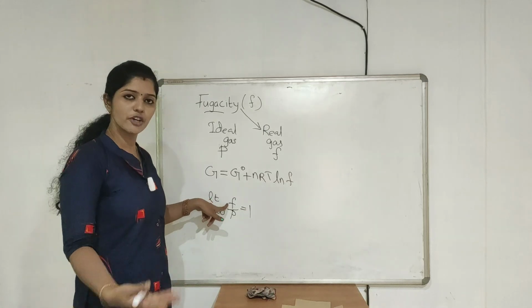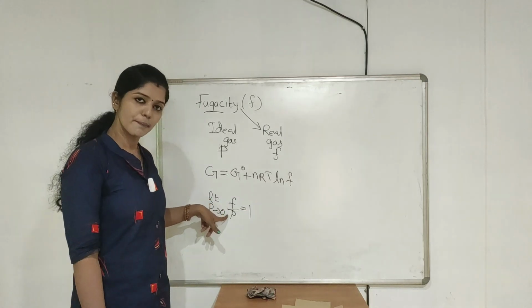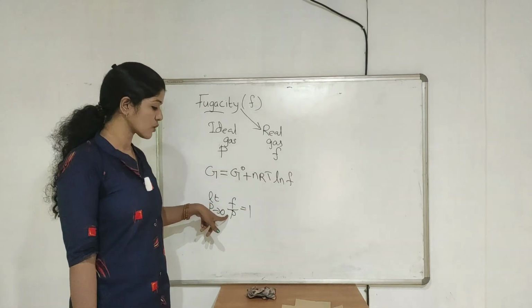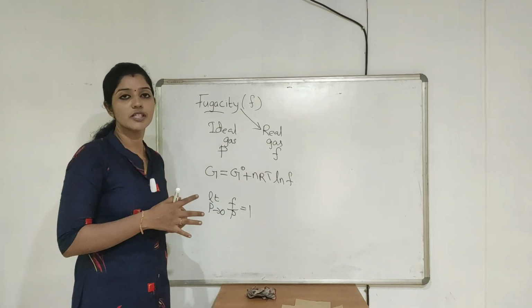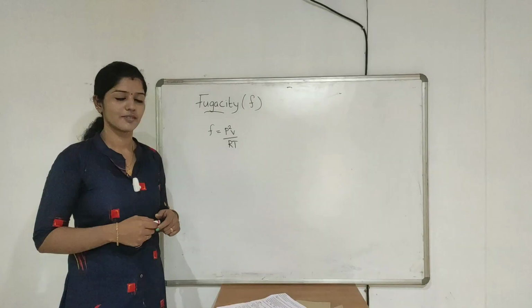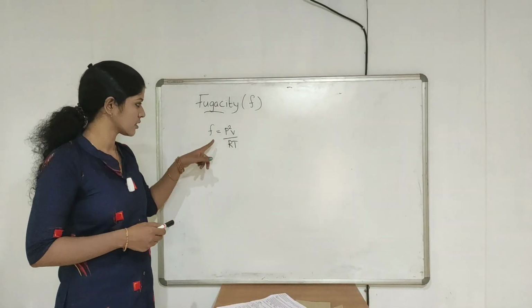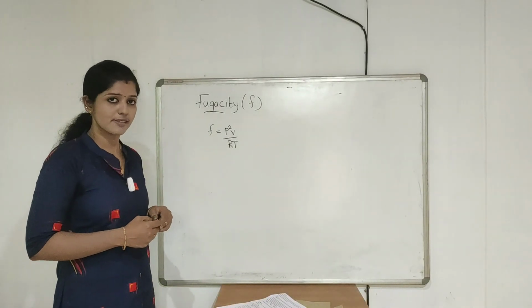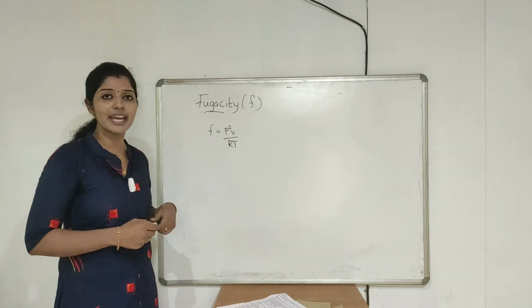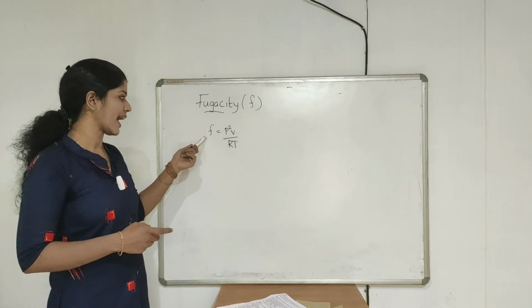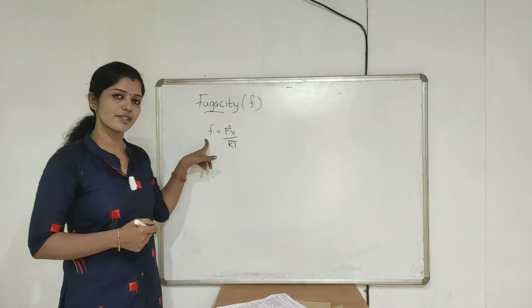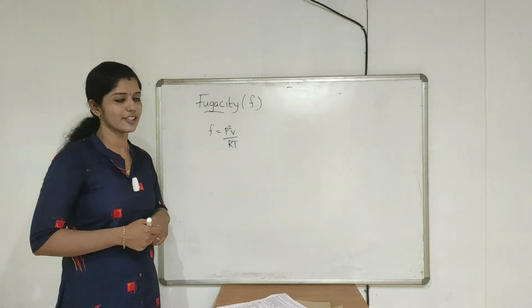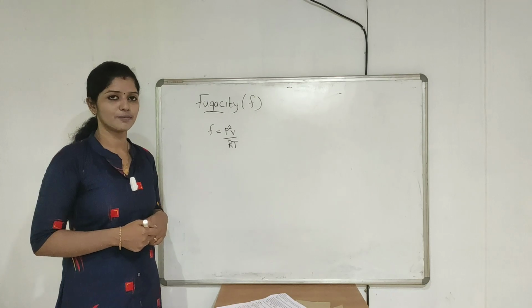F is the pressure of a real gas, P is the pressure of an ideal gas. At lower pressures fugacity will be positive and at higher pressures fugacity will be negative. At moderate pressures we use the equation F is equal to P square V by RT. So that's all about fugacity.